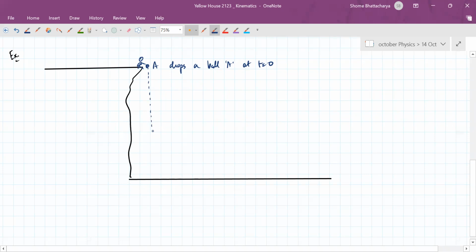And right under where A is present, another person projects ball B at t equal to 0, such that this height difference between A and B at t equal to 0 is h.